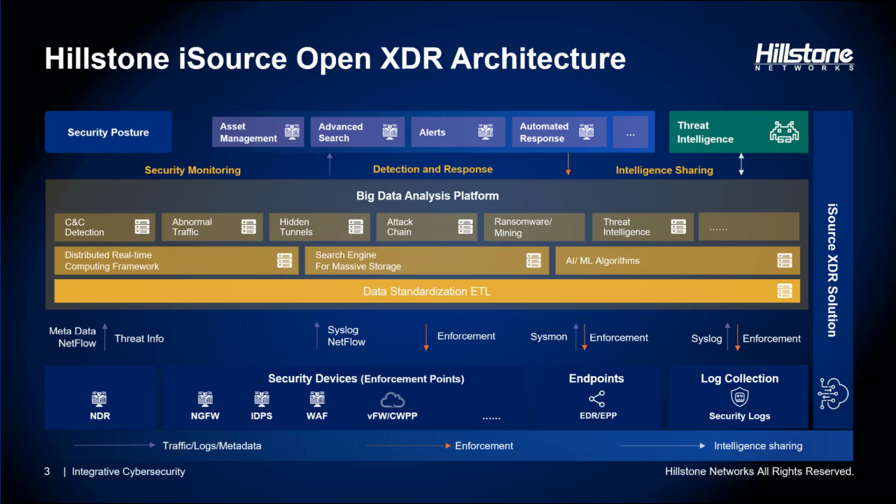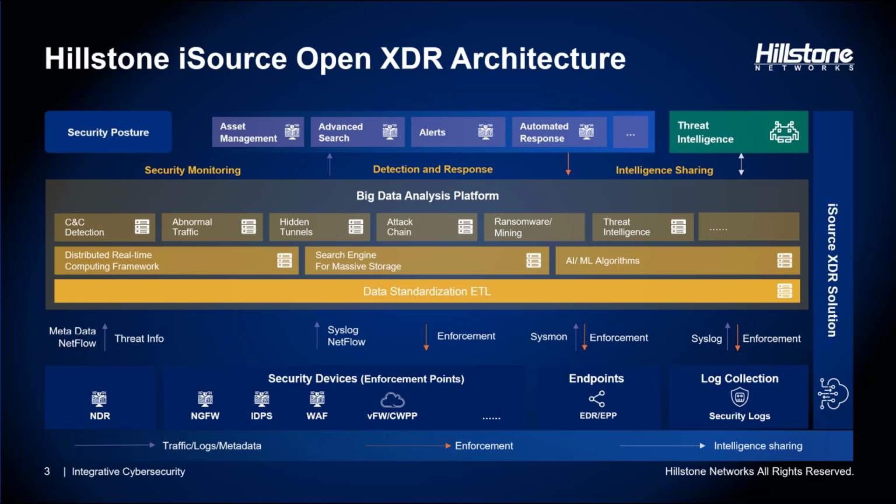So after we have talked about what iSource does, this page gives you a little bit more information on how it actually works under the hood. At the core of iSource is a big data analytical platform. This is what allows it to process and analyze a large amount of security telemetry in real time and at scale.